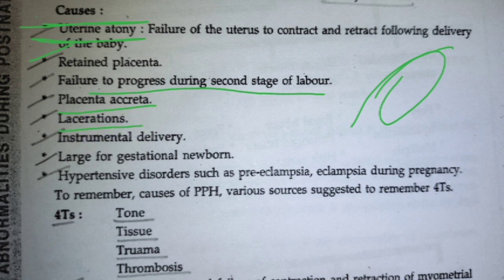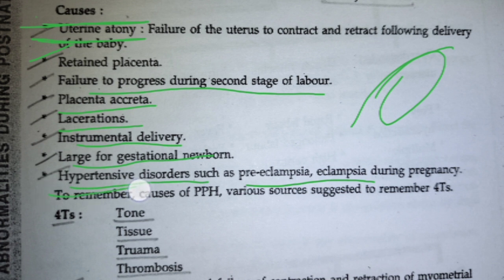Instrumental delivery: if there is any obstruction or the baby's head is too large, in some conditions we will perform forceps delivery, that is the instrumental delivery. If the baby is very large in size, PPH can also occur. If the mother has any underlying disease conditions like hypertension, diabetes mellitus, preeclampsia, these conditions can also lead to PPH.